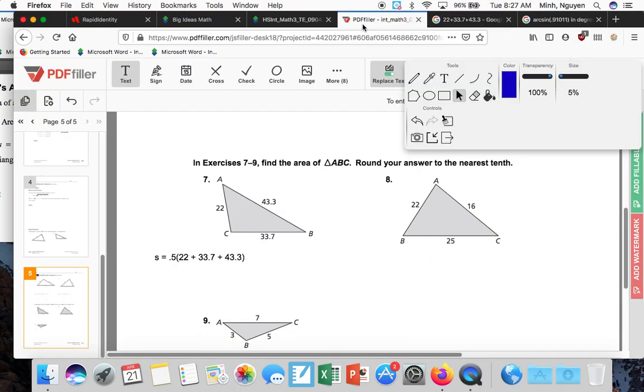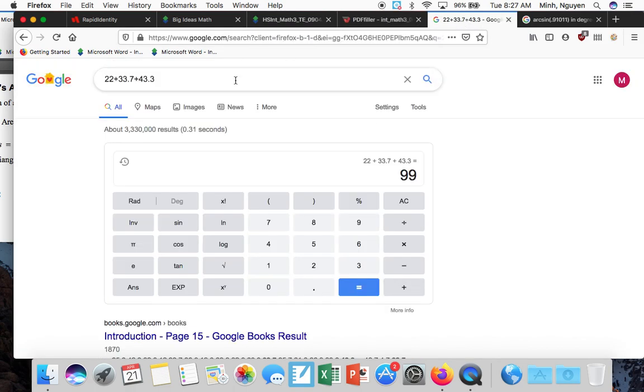Half of 99 is 49 and a half. So S equals 49.5. So don't forget to multiply by 0.5 if you're using a calculator.